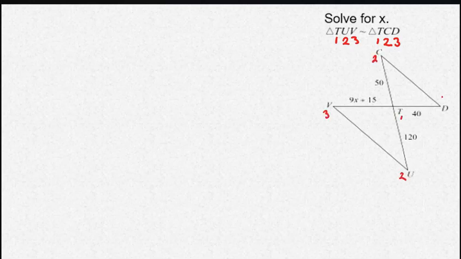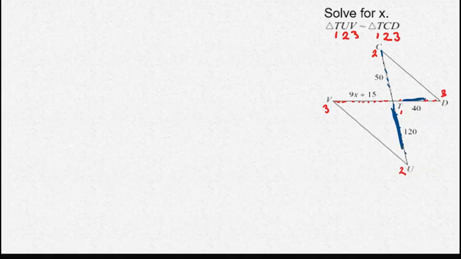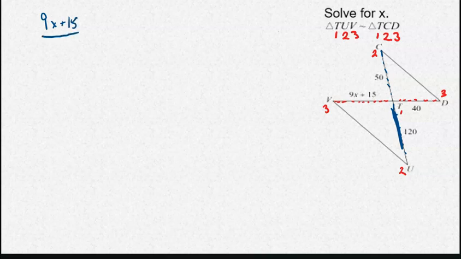And doing so is really critical. We will see when we compare the two examples, but in this case, if you look, this side corresponds with this side. And then, the way I'm going to set this up is I'm going to have 9x plus 15 over 40.